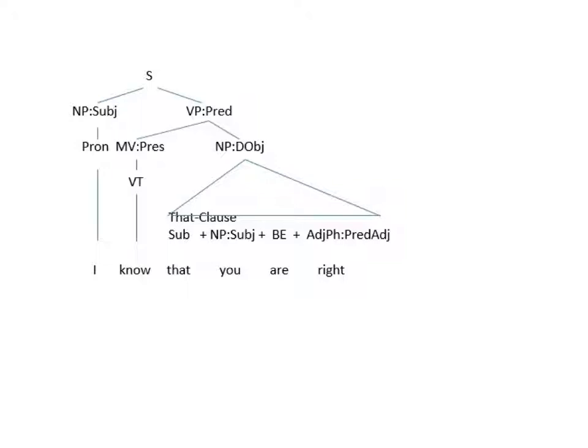So diagram the sentence, but once you get to the that clause, that you are right, draw a triangle that covers the space for the clause, label the clause here, and then provide a string that accounts for the rest of the constituents in the clause like this.